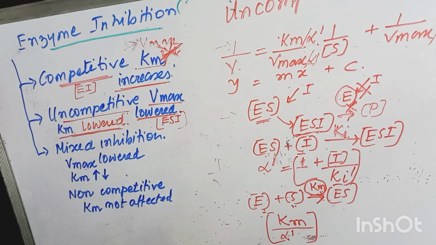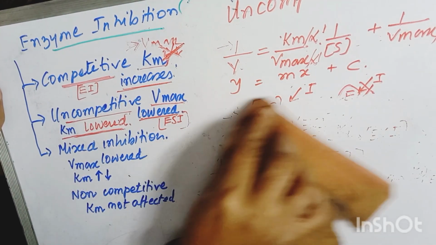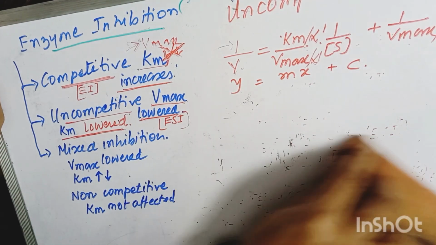So how does this equation change in case of uncompetitive inhibition? I'll just write it down here.